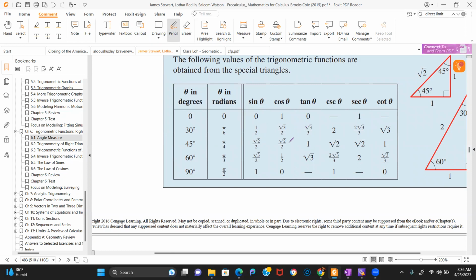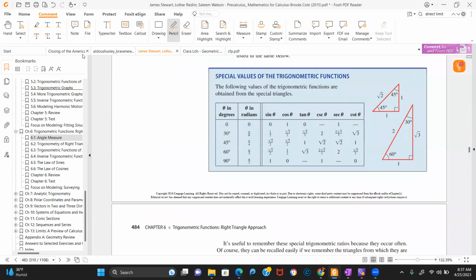So this is again showing the connection between the unit circle approach and the right triangle approach. I don't think you really need to memorize this table. Just memorize the unit circle and the conversion that pi radians is equal to 180 degrees.